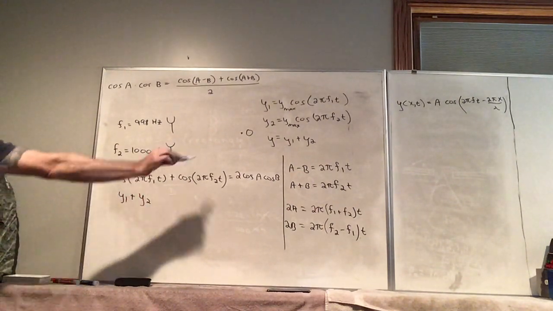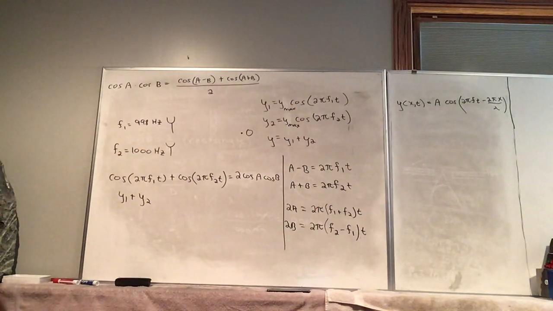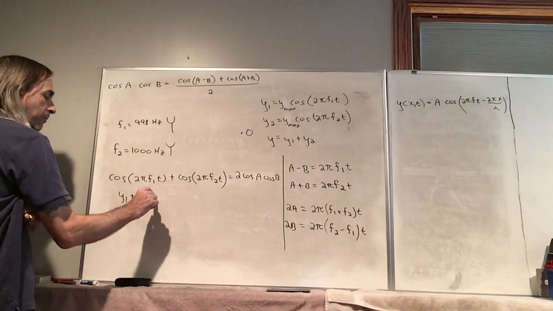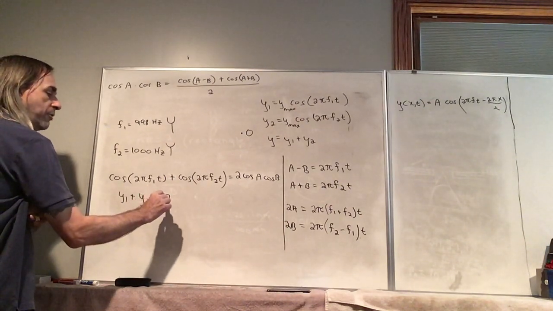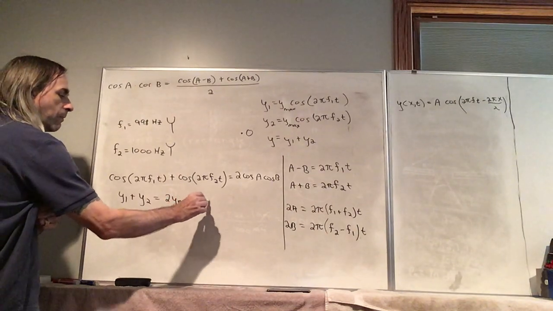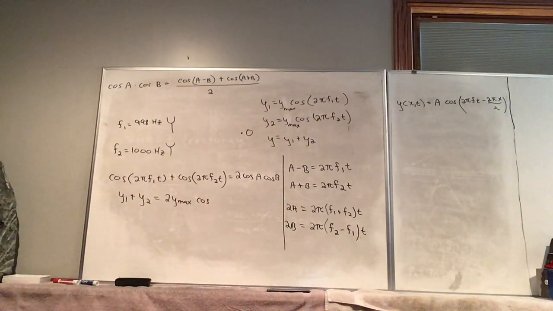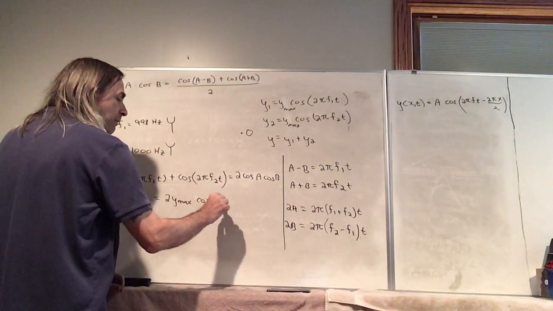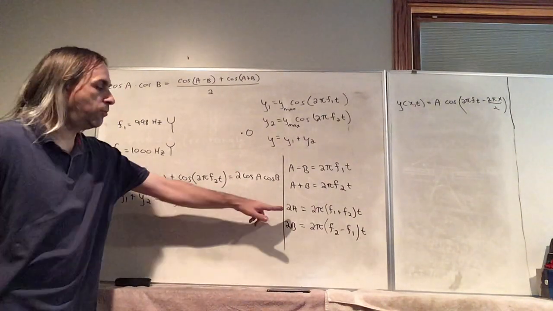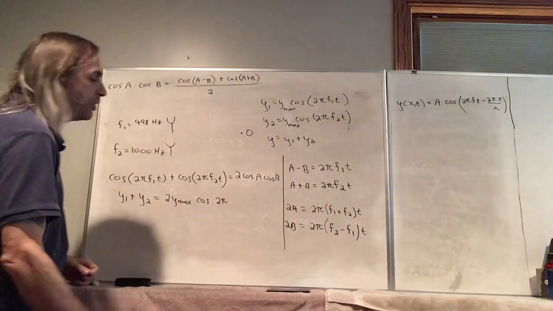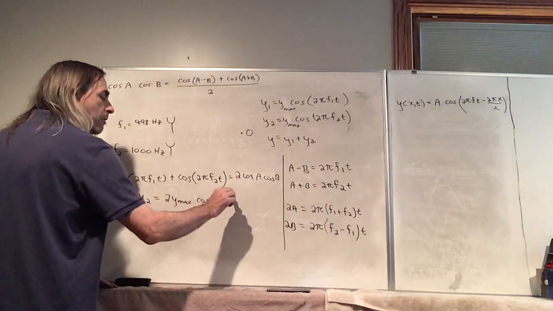So if we multiply both sides of the equation by our amplitude, on the left side we have y1 plus y2, and then we're going to have 2 y max times cosine A, which I'm going to write like this. So 2A is equal to this, so we're going to divide it by 2, but I'm going to do this in a particular way.